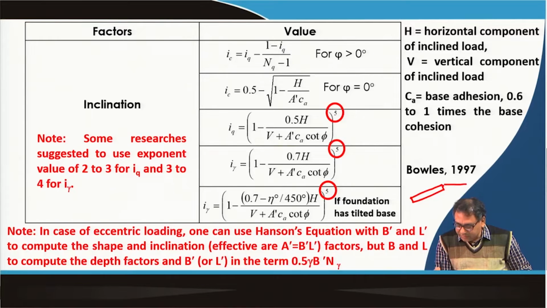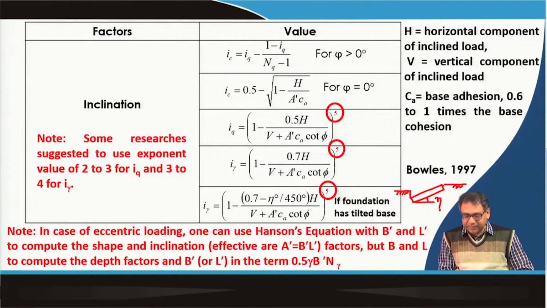So, this is the foundation and this is the surface, and this foundation is tilted. Suppose it is at an angle of eta. So, that means the foundation base is not perfectly horizontal.